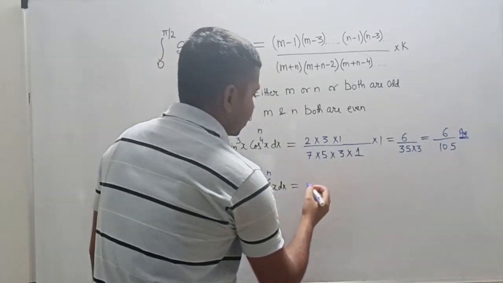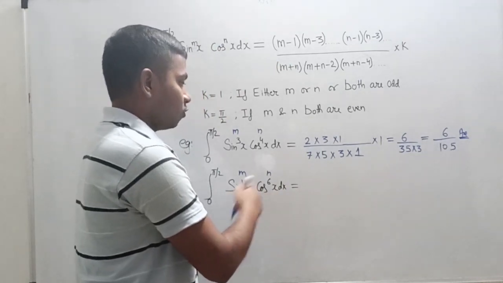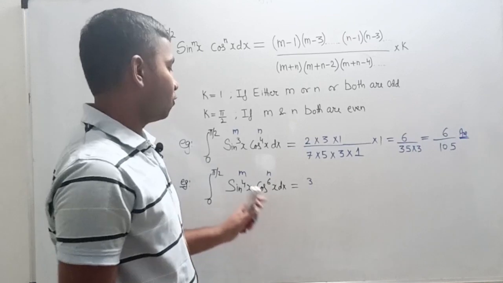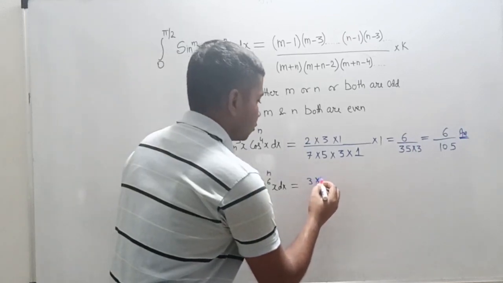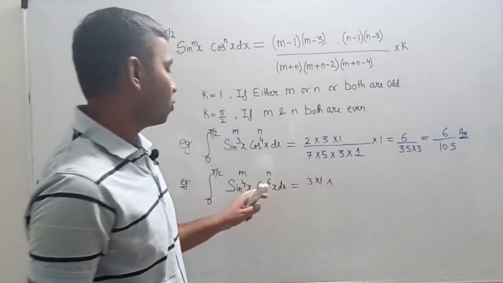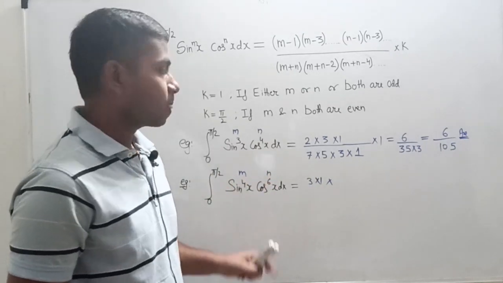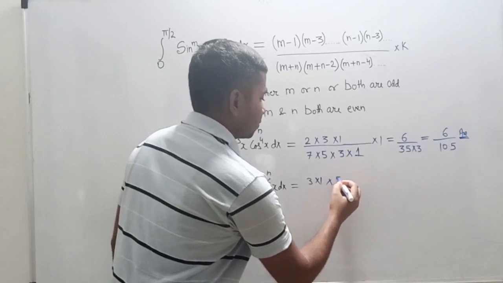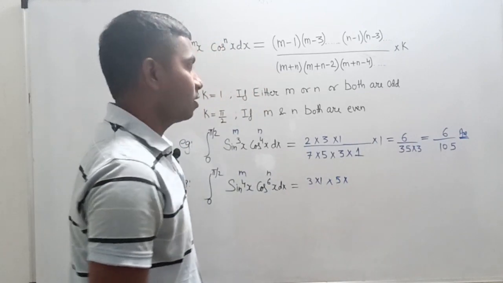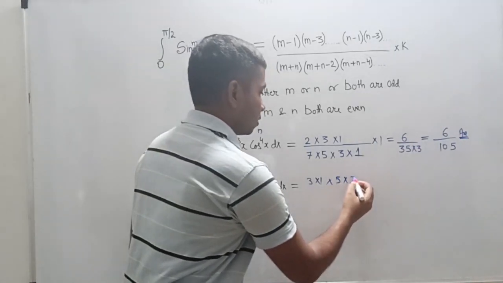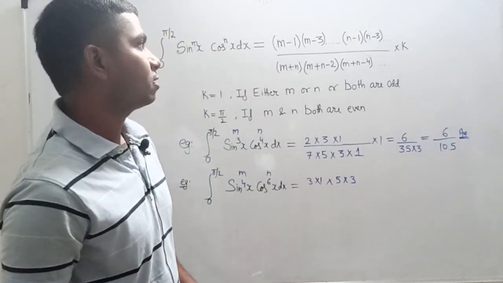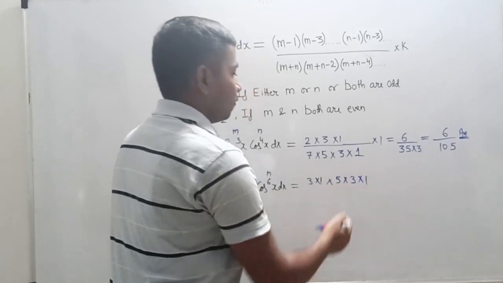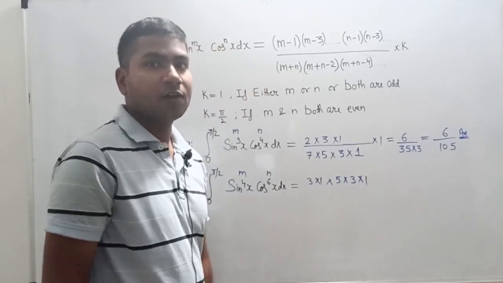So m minus 1, which is 4 minus 1, equal to 3, and then 4 minus 3, which is equal to 1, and then we will not write the next value because a negative value will come, so we will stop here. Then we write n minus 1, that is 5, then n minus 3, which is 3, then n minus 5 gives 1, and we stop here because next time a negative value will come.